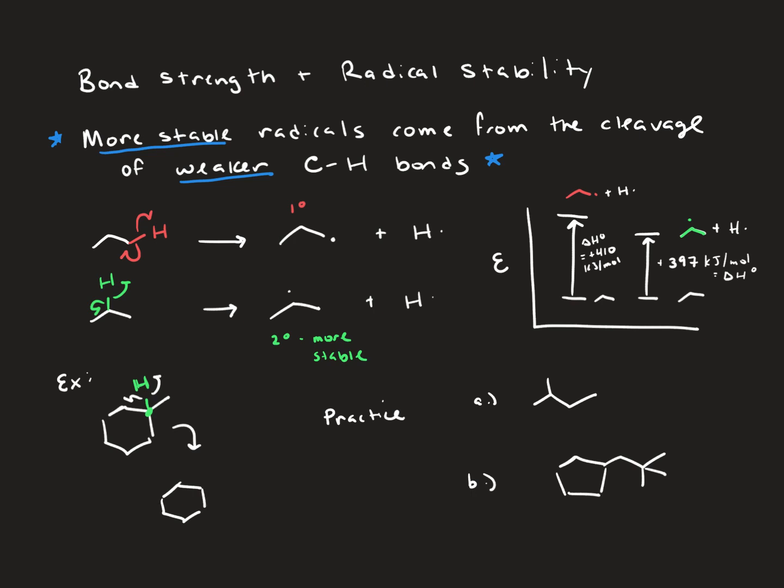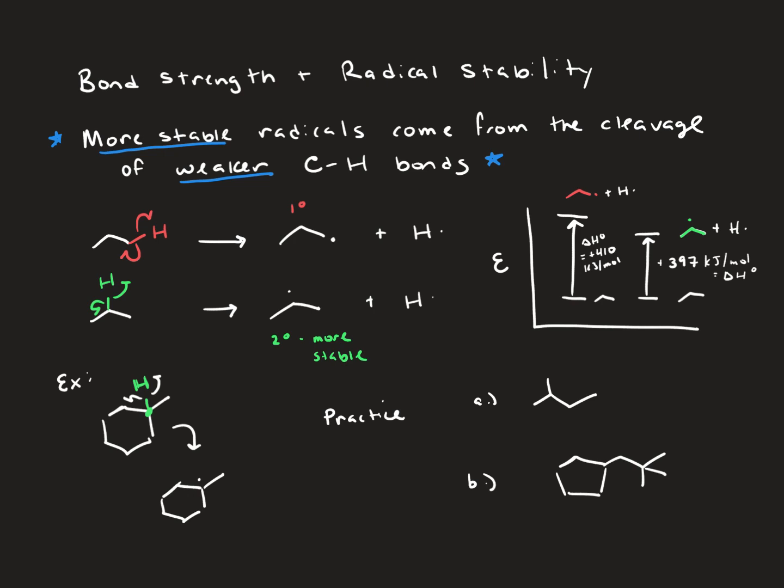And this would be the most stable radical formed from this molecule. Now, I want you to practice this on your own with the molecules A and B over there. I want you to find the most stable radical that can form from cleavage of a C-H bond.